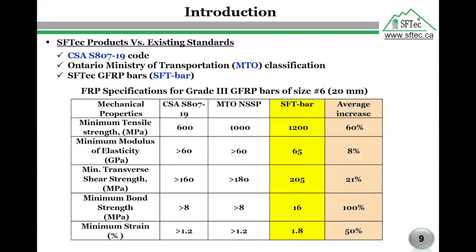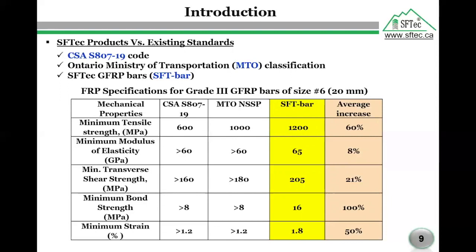The elastic modulus of SFT bar exceeds the minimum requirement of the Canadian standard S807 and MTO by 8% on average, as we see here in the second row. Also, for the minimum transverse shear strength, minimum bond strength, and the minimum strain, our materials also exceed the minimum requirement by the Canadian standard S807 and MTO.